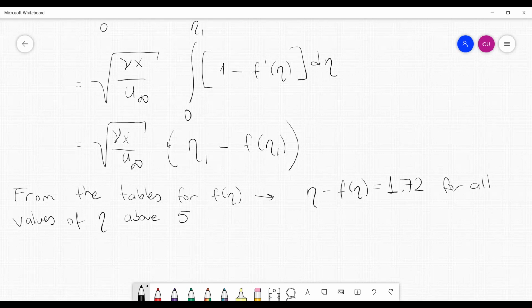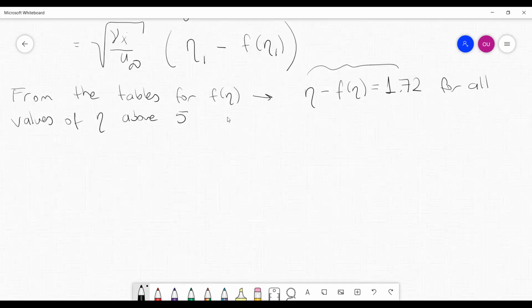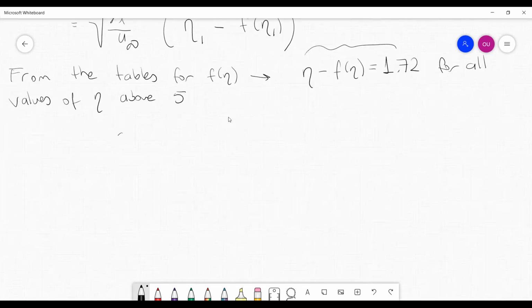When we are above 5, we're outside the boundary layer, and this term actually does not change anymore. So using this information from the table, we get an expression for delta star, and this is equal to 1.72 x divided by the square root of Reynolds x.